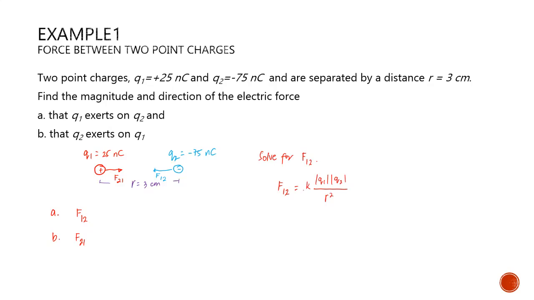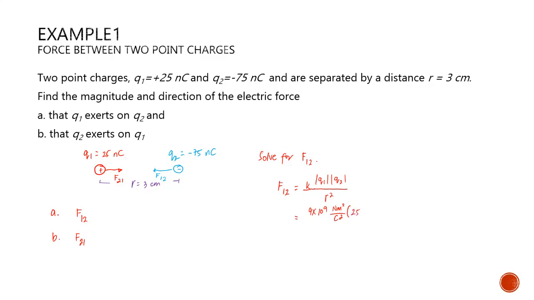Or you can just put K together with Q1 and Q2 on the numerator of this fraction. So let's use 9 times 10 raised to 9 newton meter squared per coulomb squared, and then the absolute value of Q1. Or you just remove the negative sign for Q2 later. It's okay if you don't write the absolute value symbol. Just don't forget the meaning of that symbol.